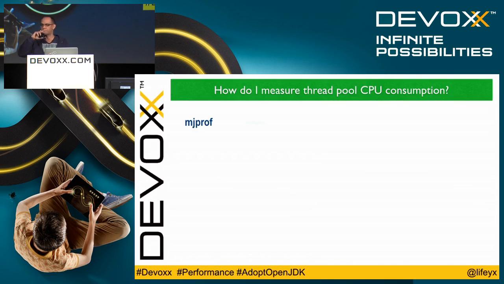So, for example, you have a thread pool, and the thread pool has like 50 threads. The 50 threads are doing some work, and each one of them is consuming 1% CPU, 2% CPU, and you want to understand whether the entire thread pool is causing some kind of CPU problem.